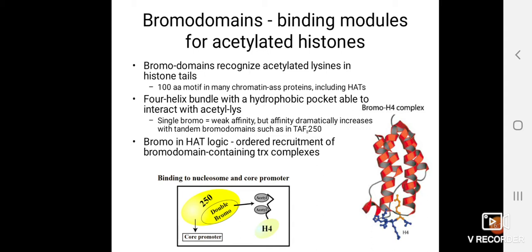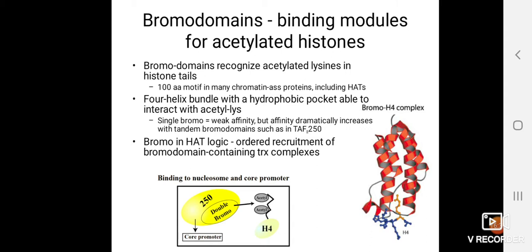That is how the bromodomain is. This is the bromodomain of the H4 complex, which interacts with it. In the case of HATs, it plays an important role in the recruitment of other bromodomain containing transcription factors. Sometimes there will be double bromodomains.